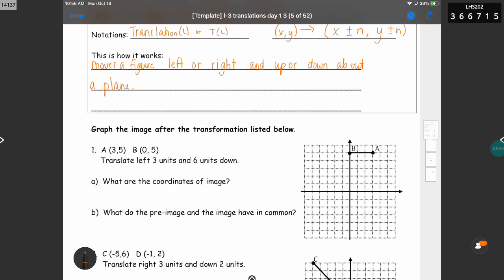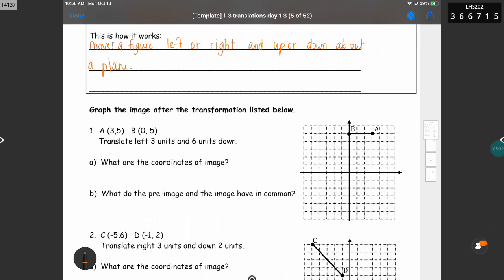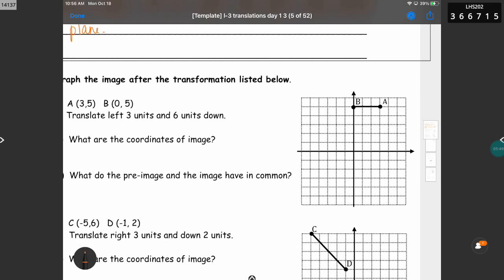Can I move up to there? Yeah. All right. So it says A is 3, 5, and B is 0, 5. Translate left 3 units and 6 units down. So what I'm going to do from A is draw the lines to show you how I'm moving.